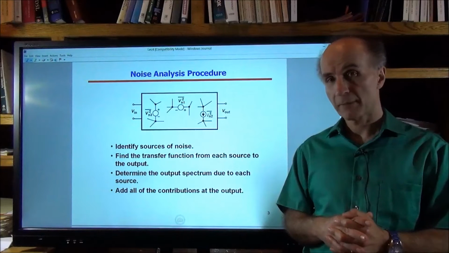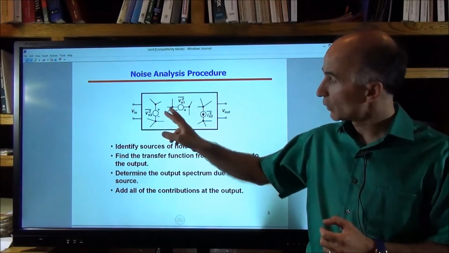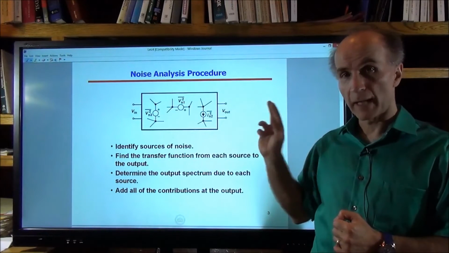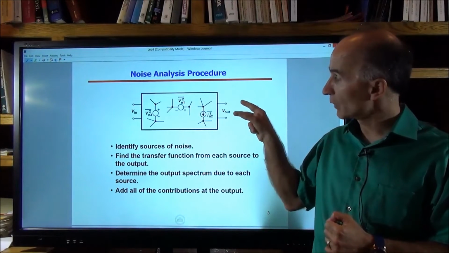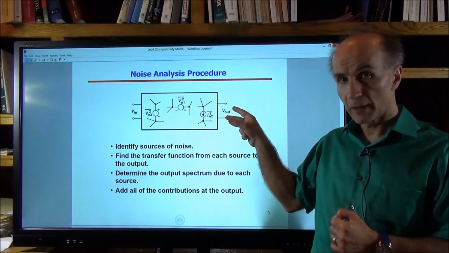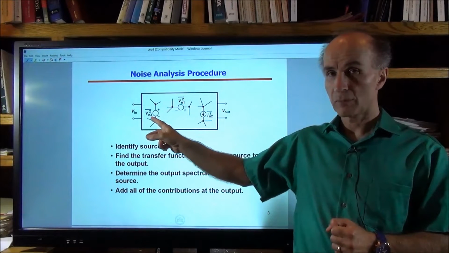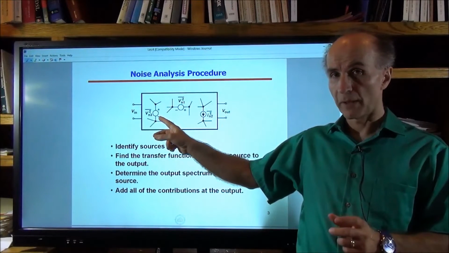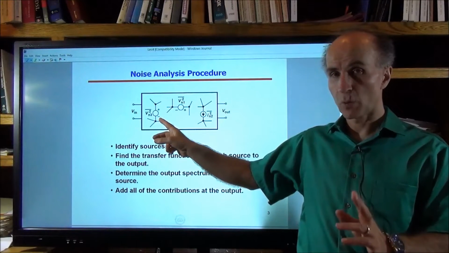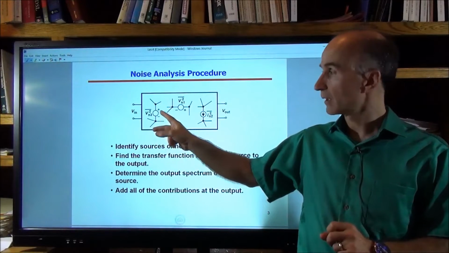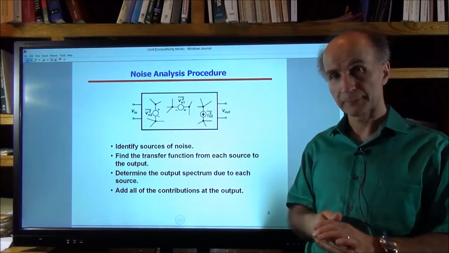Then we find the transfer function from each noise source to the output. And then we can find the noise contribution at the output from each of these sources by multiplying the spectrum of this source by the magnitude squared of the transfer function from here to here.